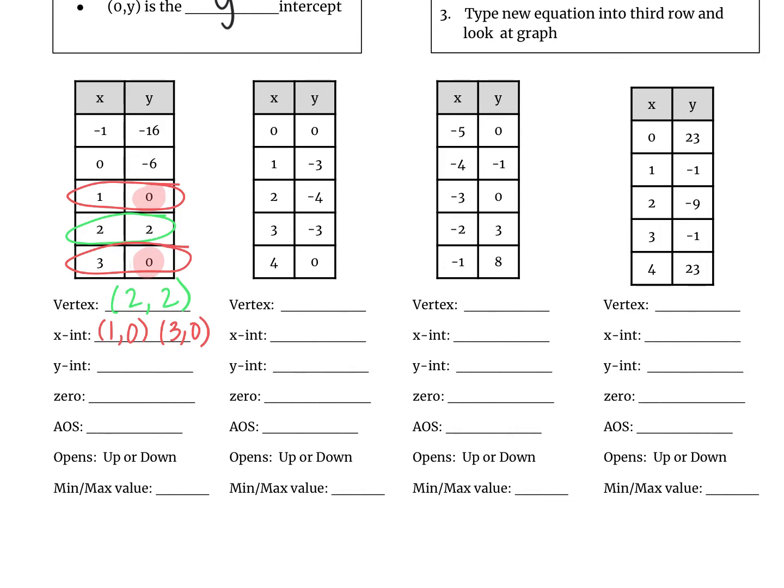So here we have our second point, 0, negative 6. That is a y-intercept, 0, negative 6. Remember, the zeros of the graph are the same thing as your x-intercepts. So we'll just rewrite 1, 0, and 3, 0.